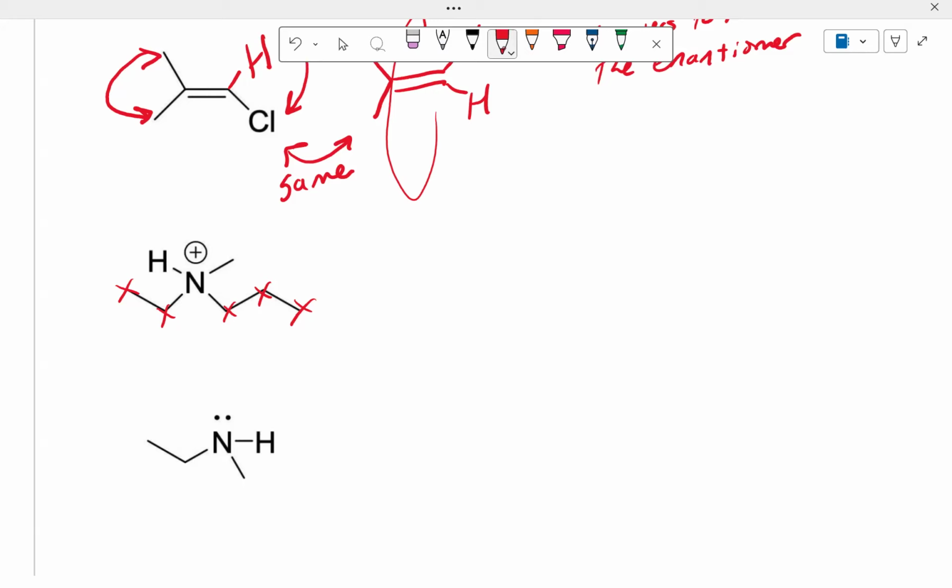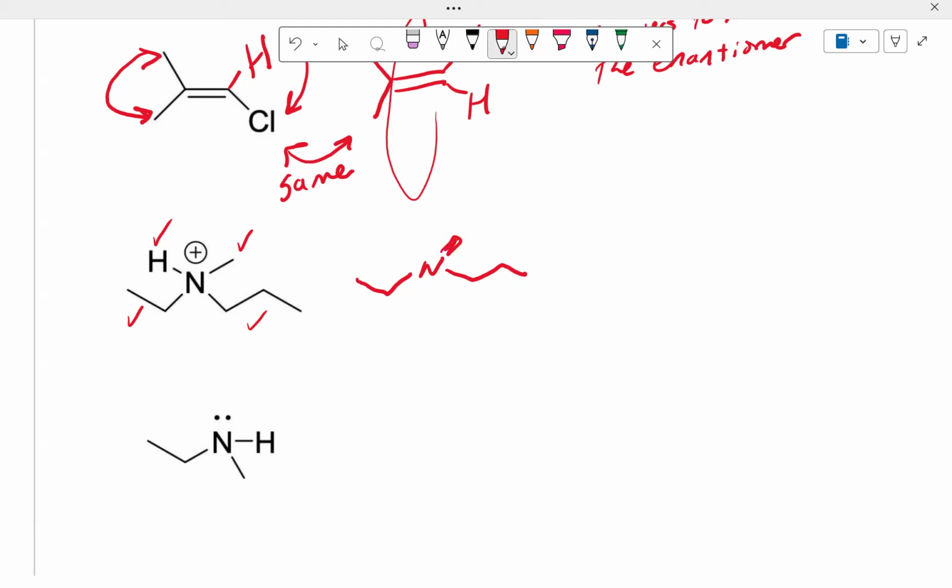Because that nitrogen has four different groups around it. You've got a hydrogen, there's a methyl on one side, there's an ethyl on the other side, and then there's a propyl group as the fourth group. So that nitrogen is chiral. And I can draw a pair of enantiomers for it.